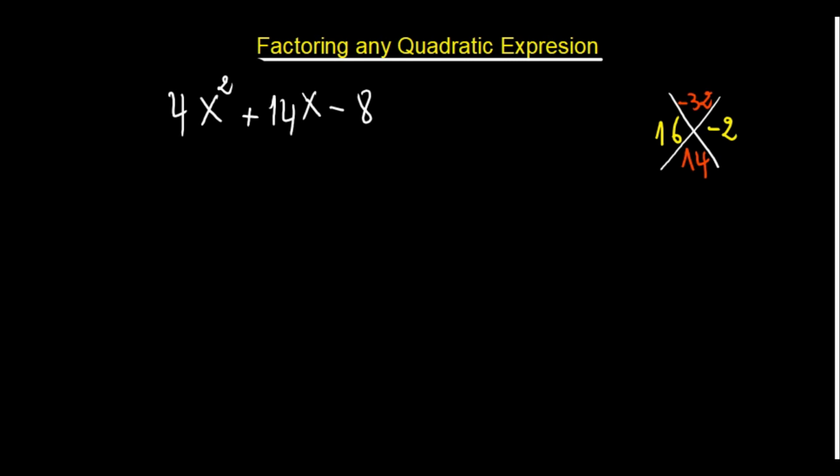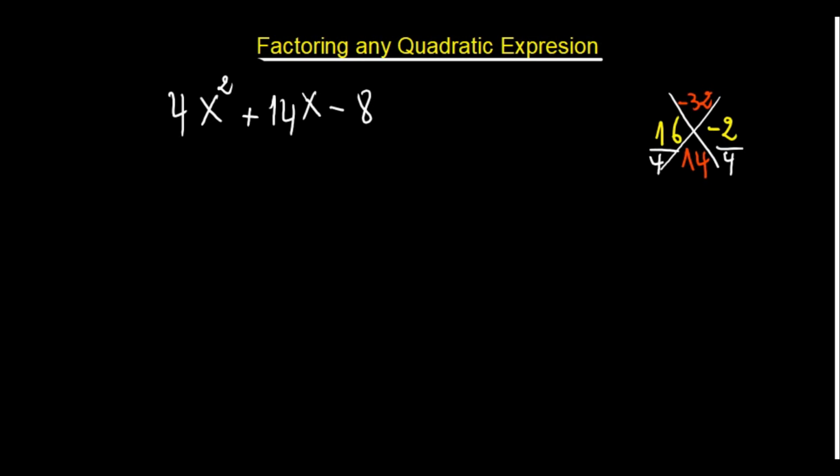The next step in the magic X method is, for each of these numbers, divide them by your leading coefficient. So you divide this number by 4 and you divide this number by 4.